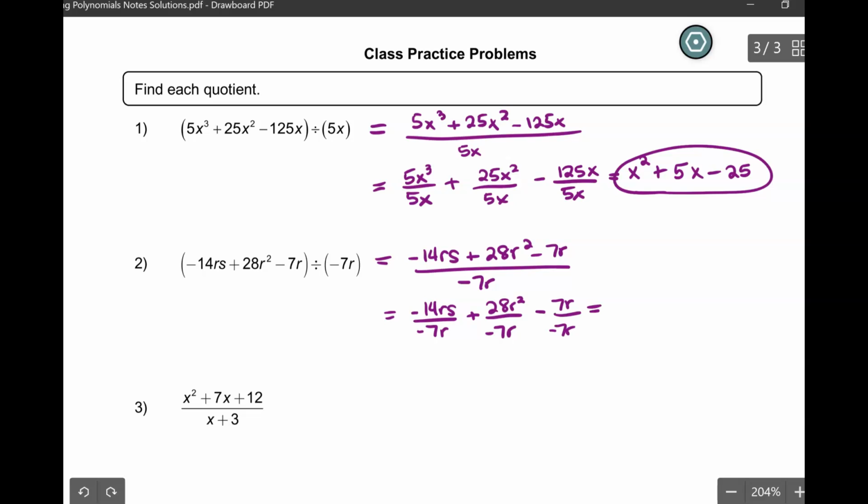So we have to be careful with the signs here. In the first one, negative 14 divided by negative 7 is a positive 2. The r's will cancel, so we're just left with s. 28 divided by a negative 7, that'll be a negative 4, and then it's just going to be r. And finally, the last one, that'll be plus, and then the 7r over 7r would just be a 1.